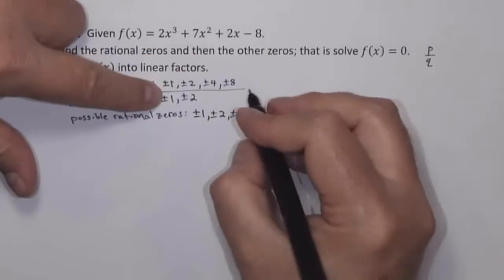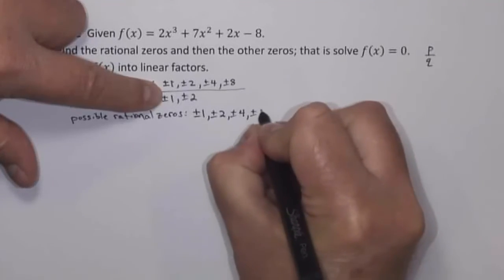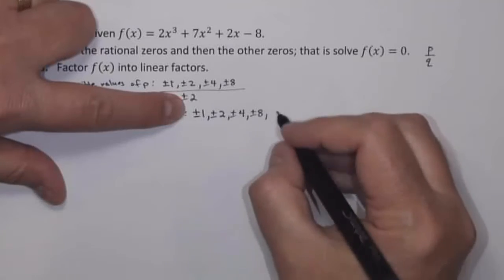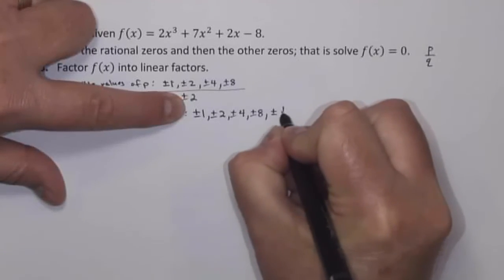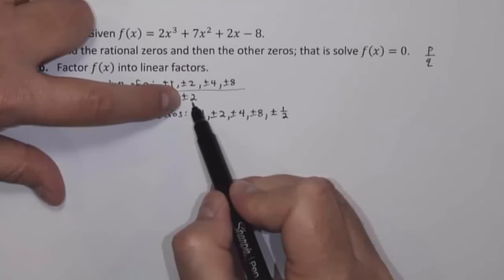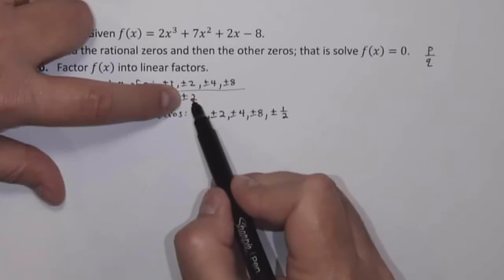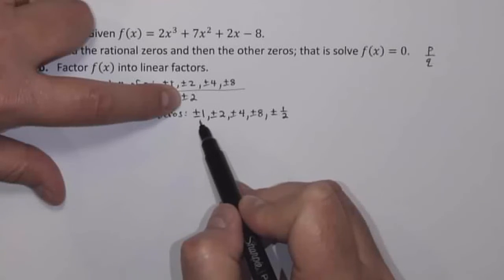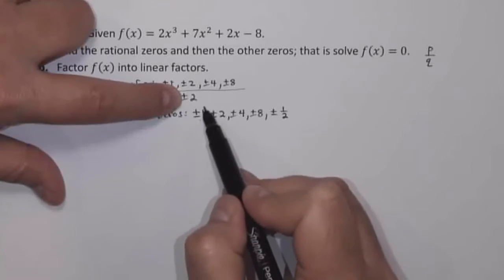Plus or minus 8 divided by plus or minus 1 would be plus or minus 8. Plus or minus 1 divided by plus or minus 2 would be plus or minus 1/2. Plus or minus 2 divided by plus or minus 2 would be plus or minus 1, because 2 divided by 2 is 1, but we already have that listed as a possibility. We don't need to list it a second time.